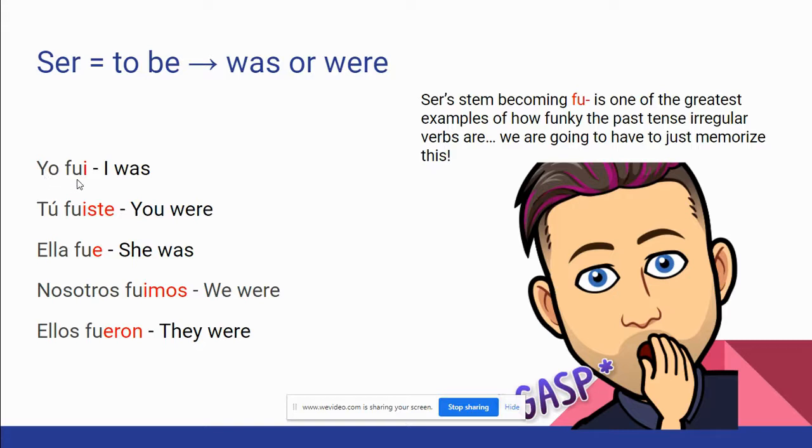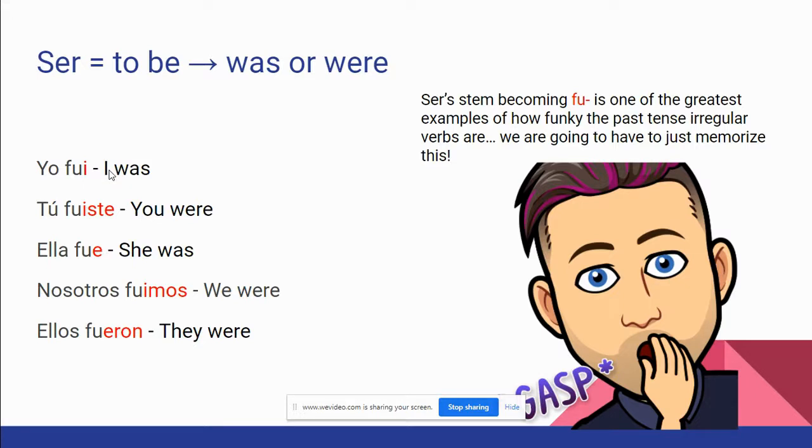But yo fui is I was, tú fuiste, you were, él fue, ella fue, she was, nosotros fuimos, we were, ellos fueron, they were. I've put in red the verb ending: i, iste, and fueron. And you'll see later that these are not the regular verb endings. These are different from the regular verb endings. And then fu is the stem.